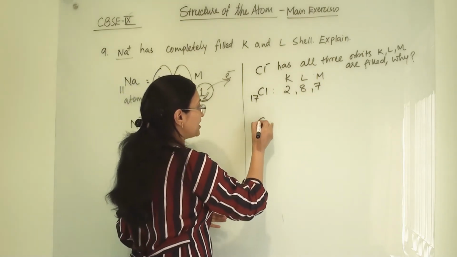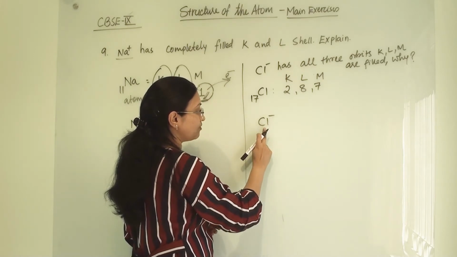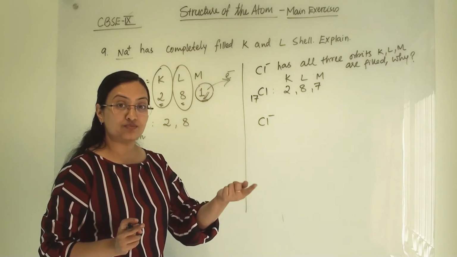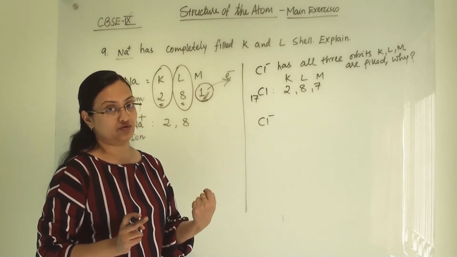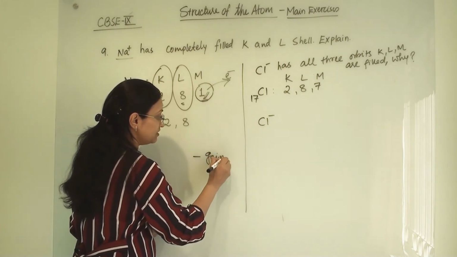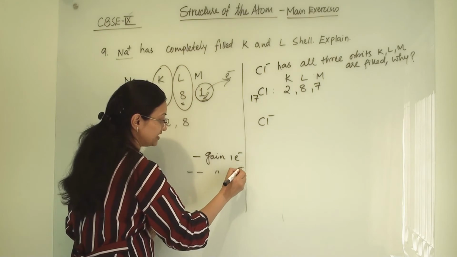Now when the chloride ion is formed, that means one negative charge is there on chlorine. One negative charge means it is gaining one electron. Two negative charges mean gaining 2 electrons.